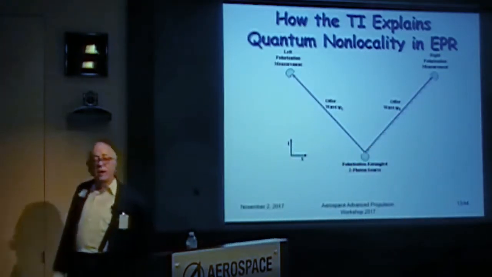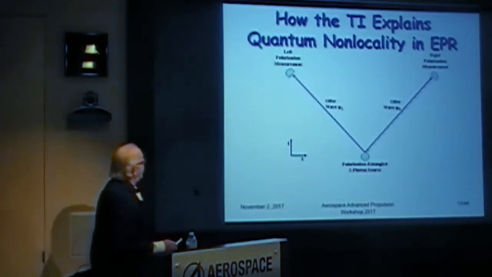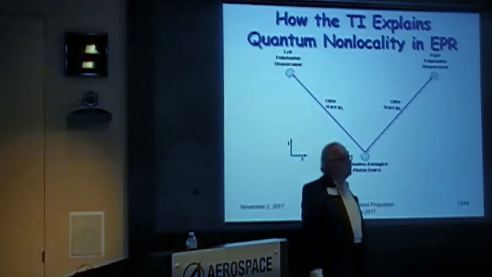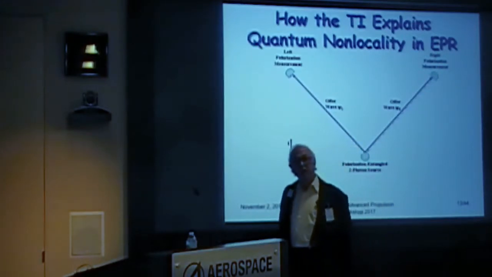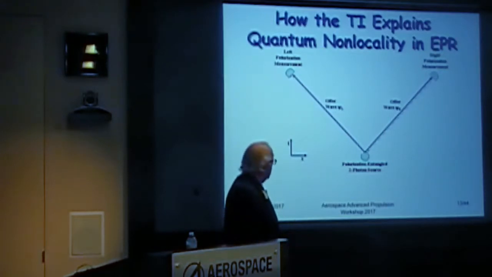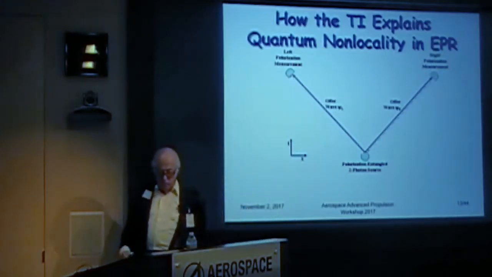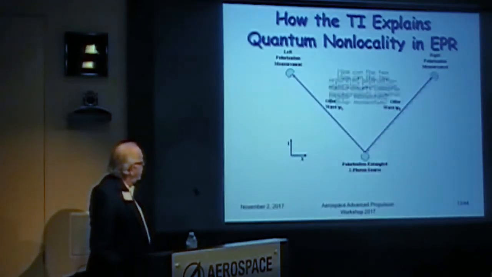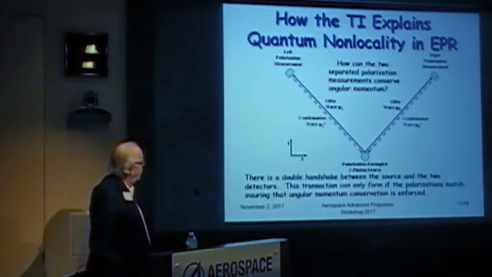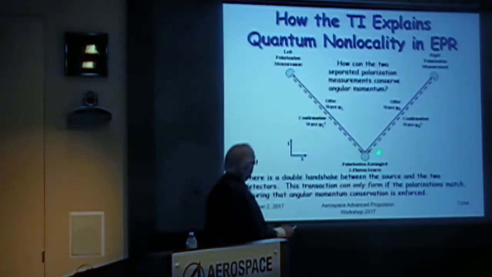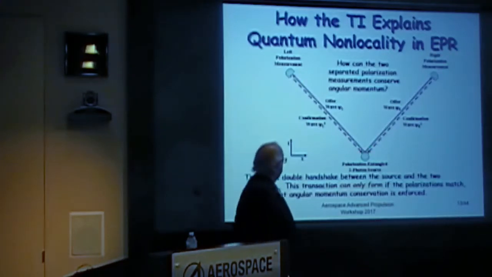How is that arranged? You detect one photon over here and measure its polarization. You detect another photon over here and measure its polarization. How does nature do the choreography so that these things always match, no matter what kind of measurement you do on the polarization states? Well, the answer is that there is a transaction that forms going out this way and coming back this way and handshaking both at the source and at the two detector positions.